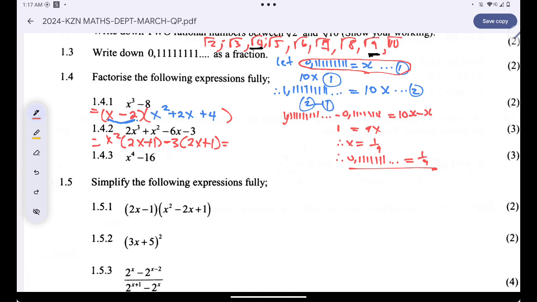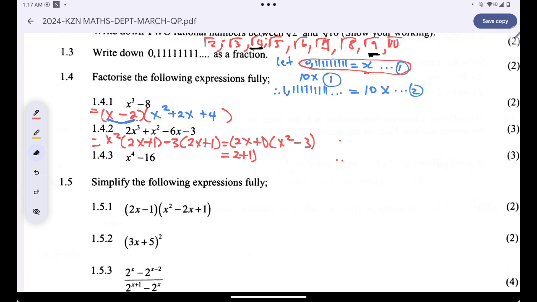And then now the 2x plus 1 is common, so I will have 2x plus 1, and I will have x squared minus 3. Are we together? The x squared minus 3, let me just erase this here because I've already explained it.